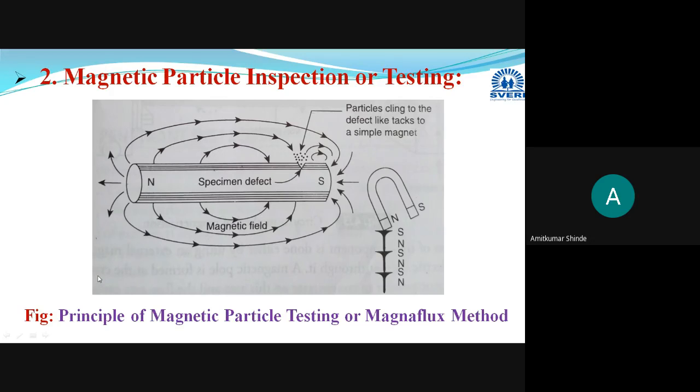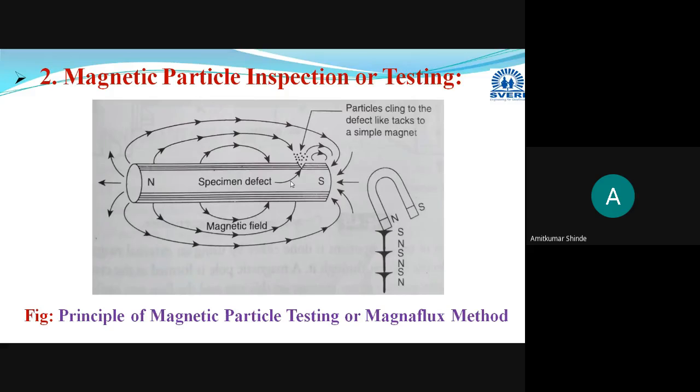Depending on the direction of the current, the direction of the magnetic field is decided, and depending on that direction, it will detect the cracks. Which direction of current detects which type of cracks, we will discuss in the different types of the method.